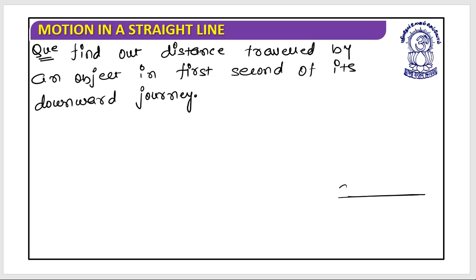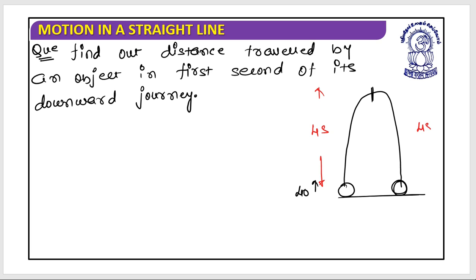this was the situation that you released it with 40 meter per second and you have received it at this end. This was released by 40 in the upward direction, and this time of ascent was 4 seconds, so from here to here, and time of descent from here to here, it was again 4 seconds.